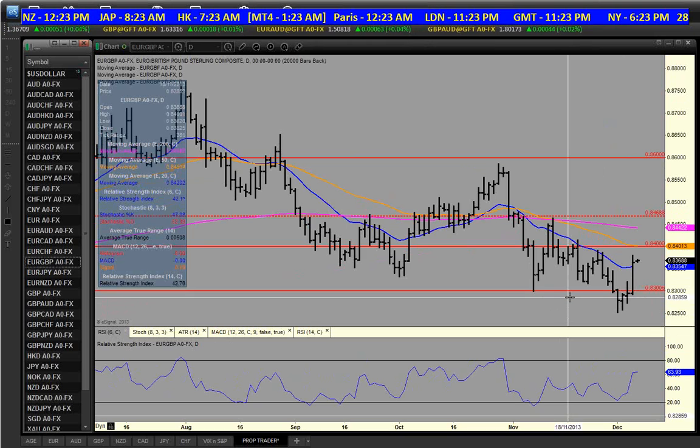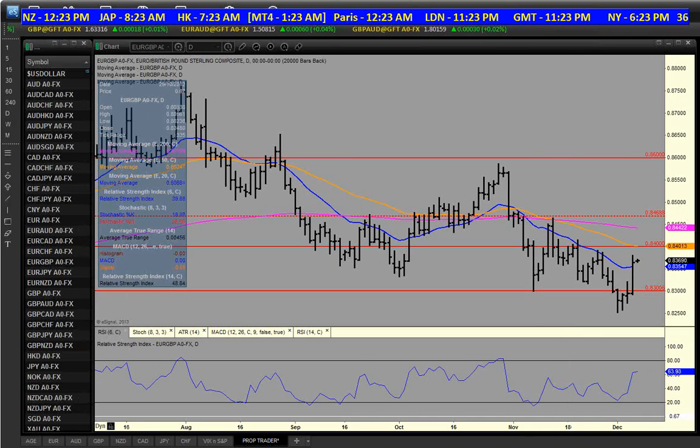A nice bar on the euro pound. Brings us back into the mess of range trading, and I really can't do that successfully, it seems. Overextended bar now, so you can't really trade from that.